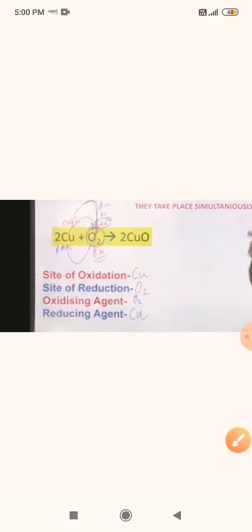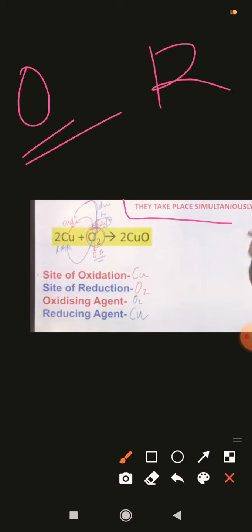So let's move ahead. Let's clear the concept. They take place simultaneously, which means in a reaction both oxidation and reduction take place.